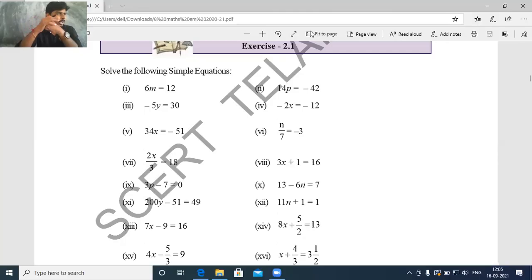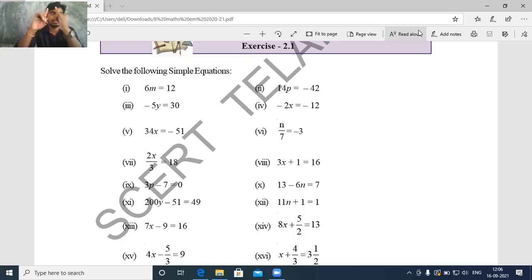Actually, one more thing I forgot to tell you. Solve the following equations. Simple equations we have, right? What is meant by simple equation? I told you already. Linear equation in one variable is also called a simple equation. Then what is meant by solving? He has given solve. What is meant by solution? Answer. Okay, very good.